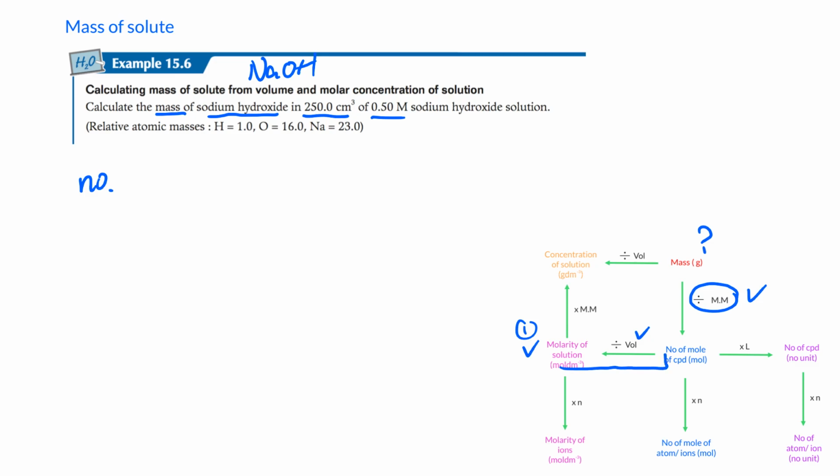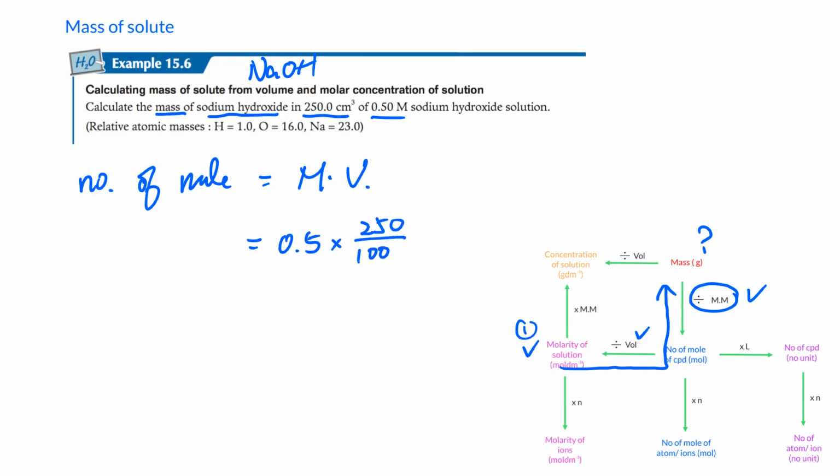You go this way, going up, right? So number of mole equals MV. Therefore you have 0.5 times 250 over 1000. That will be the number of mole.